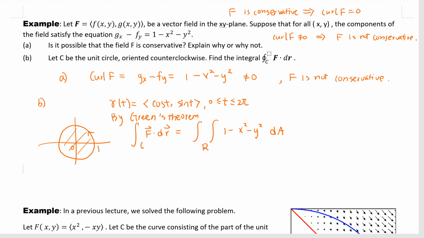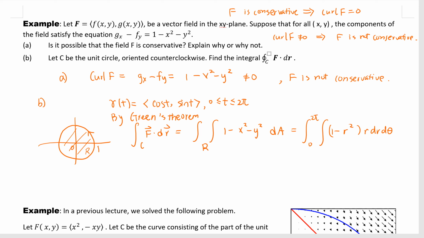Now what is the region R? This is the region R, right? And it's better to use polar coordinates because we're working with a circle. In polar coordinates, x squared plus y squared is r squared, and we have r dr d theta. Theta is from 0 to 2 pi.